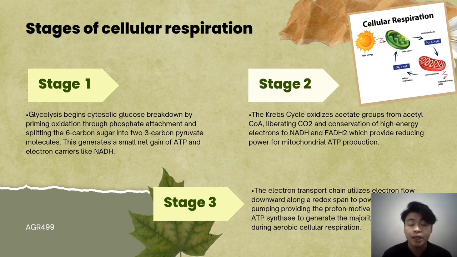Stage 2, the Krebs cycle, further oxidizes glucose derivatives, removing electrons to carriers and releasing CO2. And the final stage is the electron transport chain, which utilizes those donated electrons to pump protons, powering ATP synthase to generate most of the ATP, capturing the glucose chemical energy.